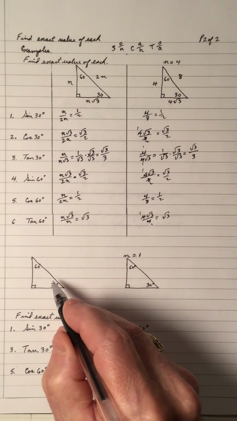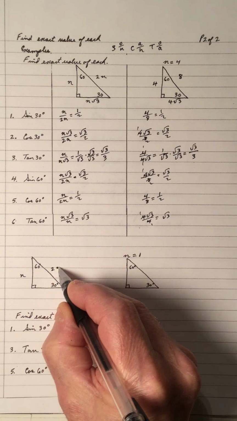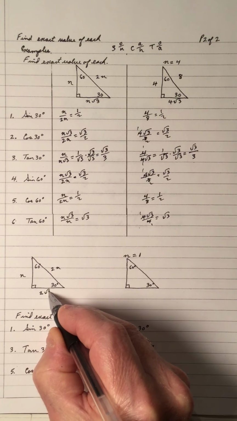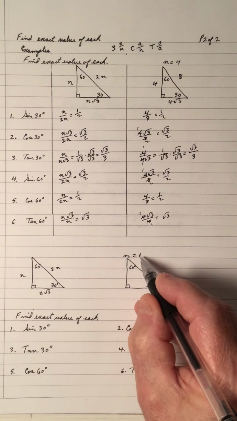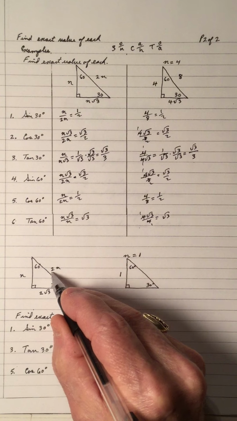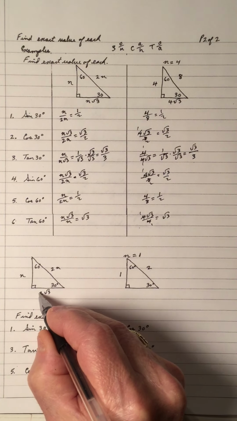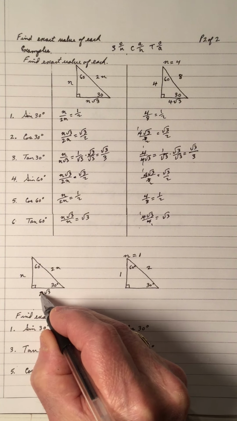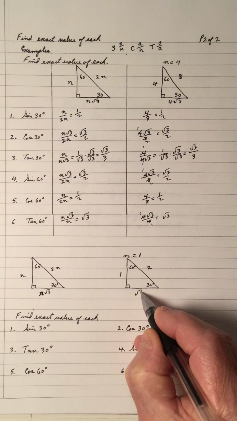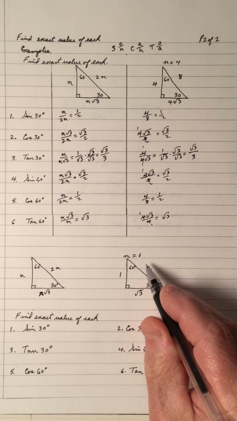So that means if you memorize the triangle of n, 2n, and n root 3, when n is 1, we have 1 for n, 2 times 1 is 2, and n root 3 is root 3. So this is the triangle that I'm going to use to work out the trig values.